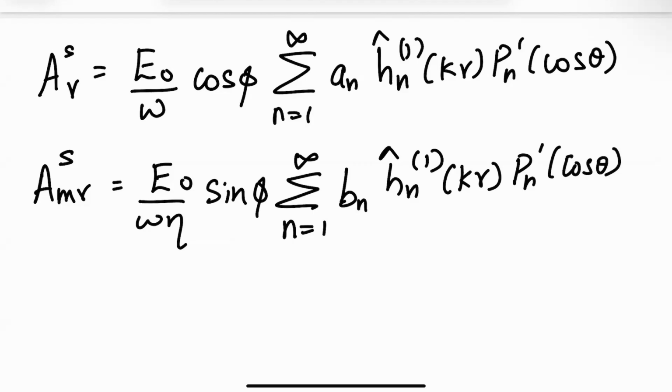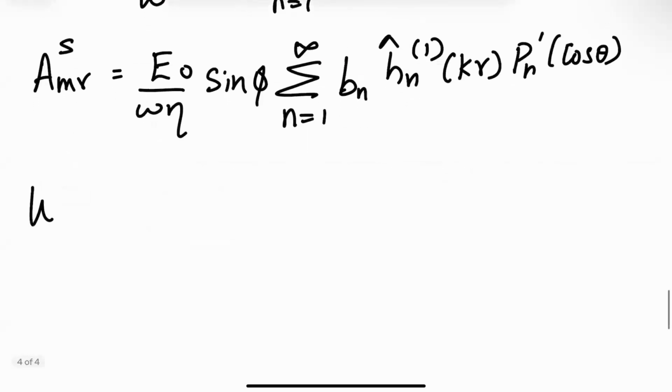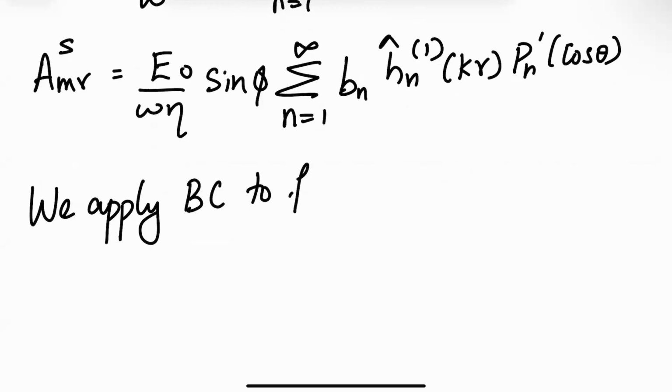So now the next task is to find An and Bn, and we apply boundary conditions to do that. We've done this 100 times by now, right?